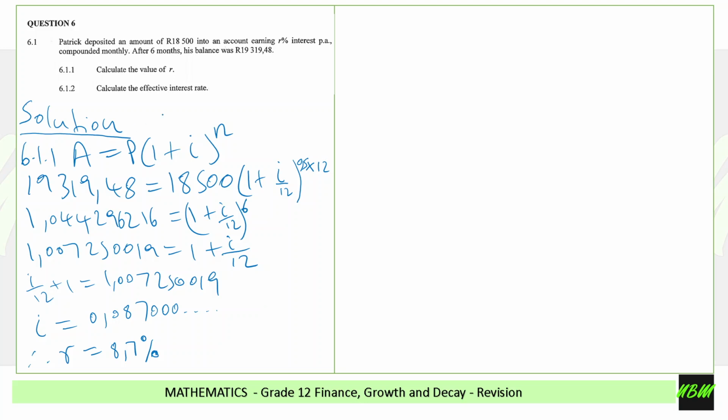Then 6.1.2, we have to calculate the effective interest rate.